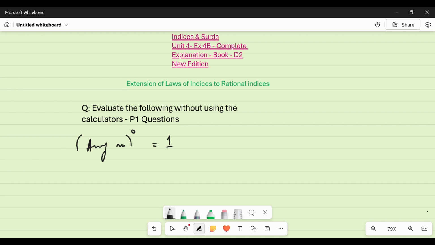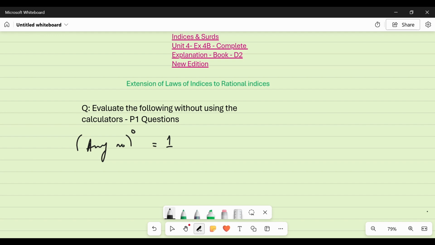Whether it's a negative number, a number along with a variable, or a number in fraction form, positive or negative, if it has a power 0, it's equal to 1.